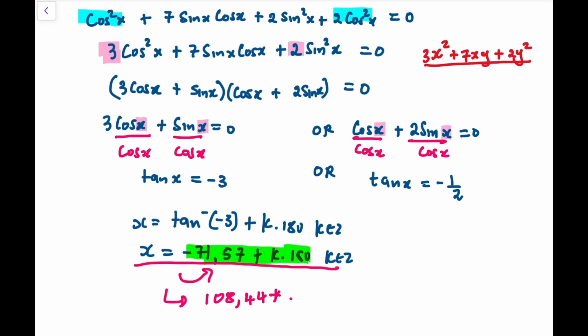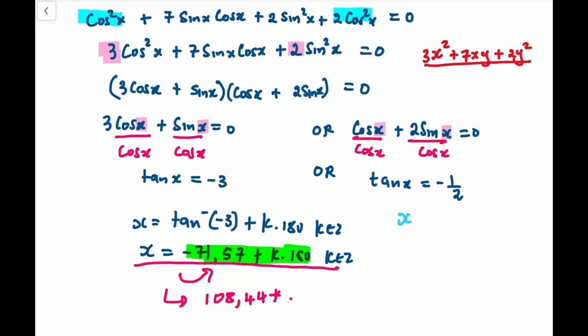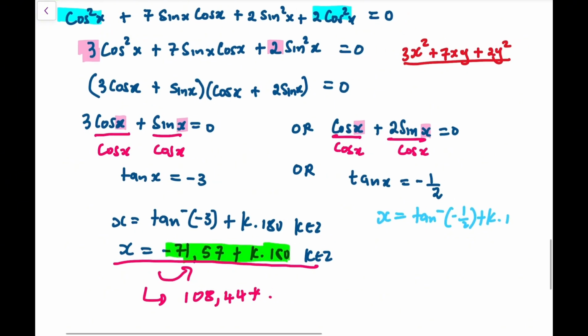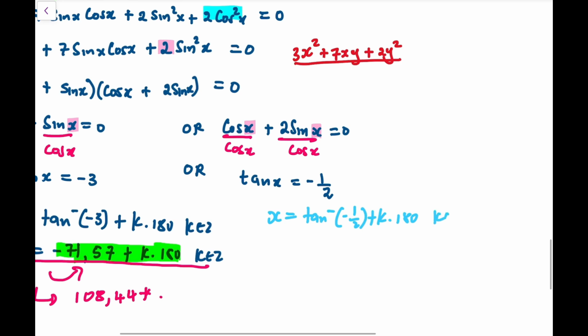And then x is equal to arctan of minus 1 over 2, and then plus k times 180, where k is an element of integers.